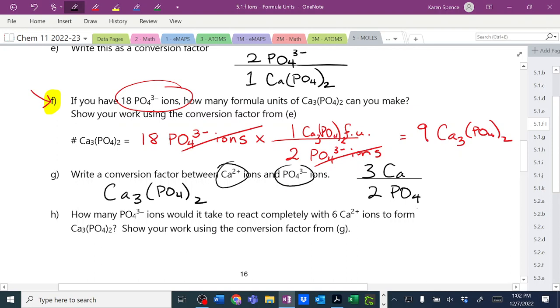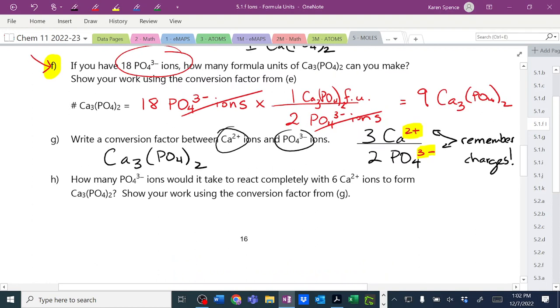Are we happy with what I've written? What did I forget? The charge is 2 plus and 3 minus. Do not forget the charges. No, you have to write ion. You have to write the charge anyway, even if you write ion. Okay.